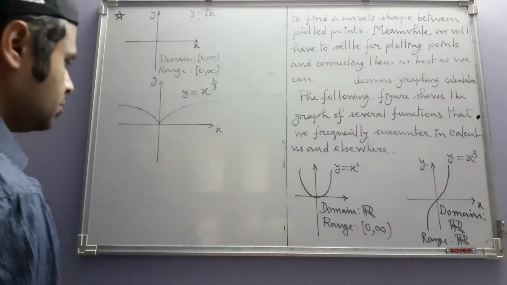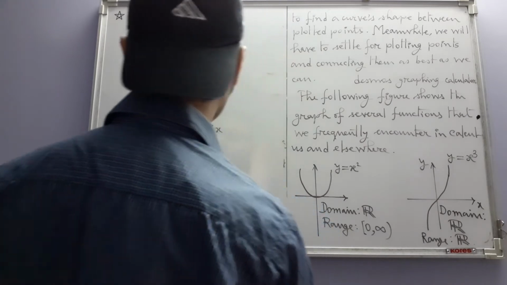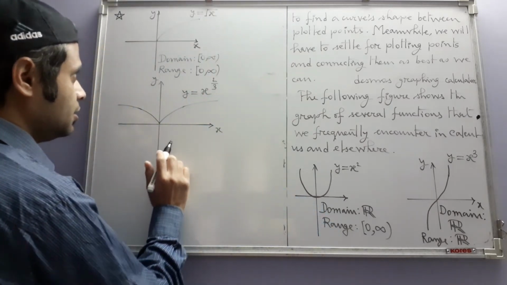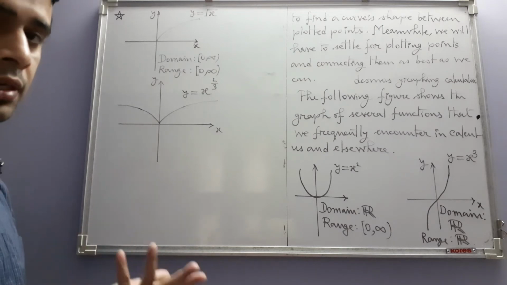Then cube root of x. What is the domain here? The domain of course is the entire set of real numbers. It's very easy to see from the graph, that's why graphs are drawn in the first place.